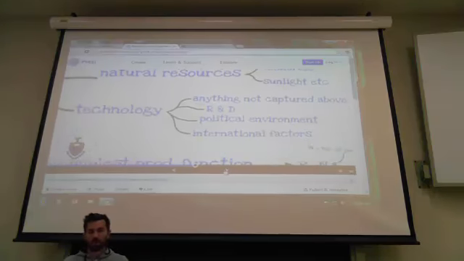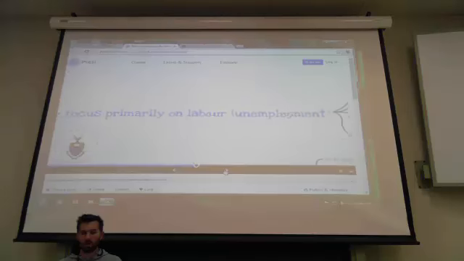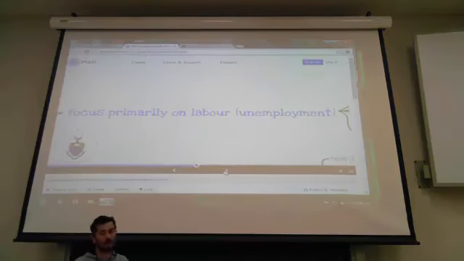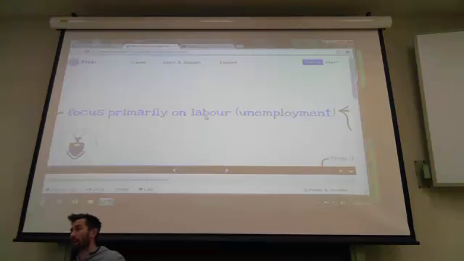So again, natural resources, technology, all those different things that determine the production function. So if we're going to focus then on labor, let's talk about that labor market. In fact, when we're talking about labor, what we're really interested in is unemployment.